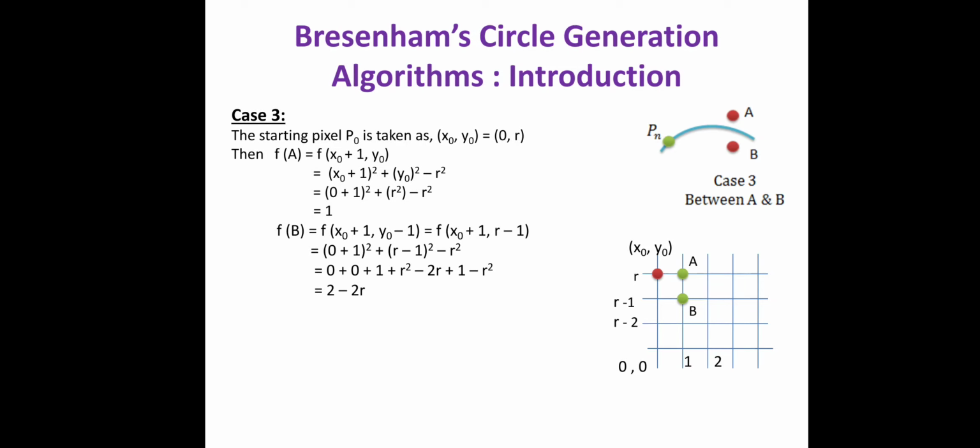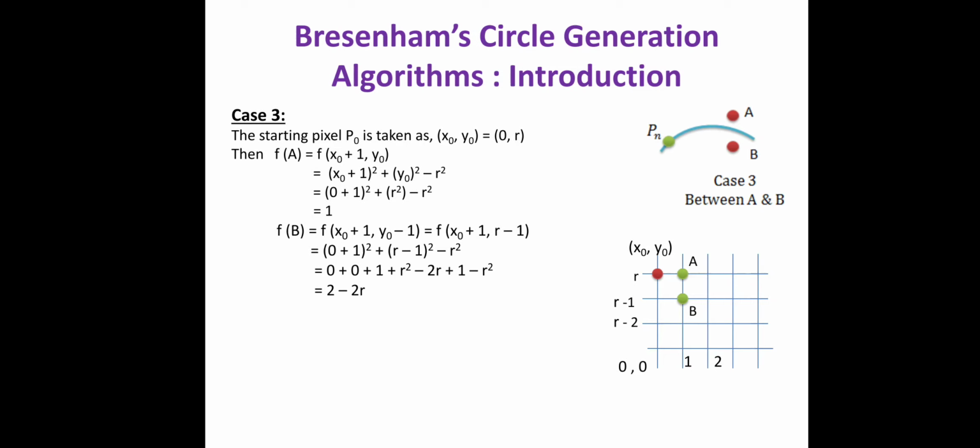This is nothing but (a minus b) whole square, that is a square minus 2ab plus b square. In that format I have solved r square minus 2r plus 1 minus r square. The r square gets cancelled, and this becomes 1 plus 1, that is 2, minus 2r.